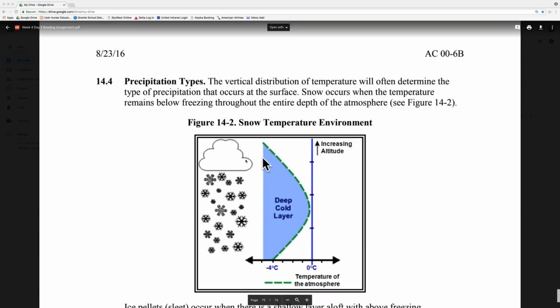And hail, we see, is because of, like I was describing before, the altitude at which those water droplets are reaching, and they freeze.